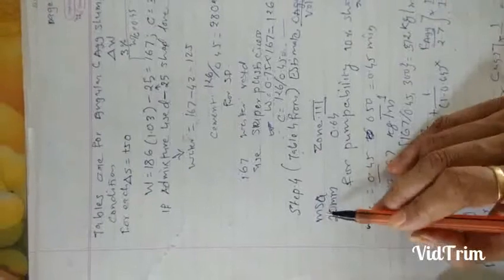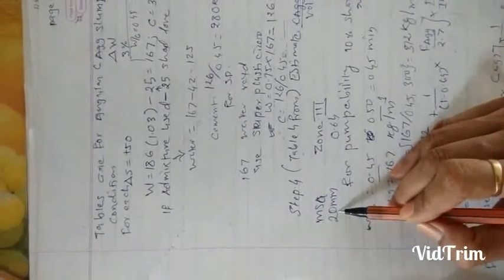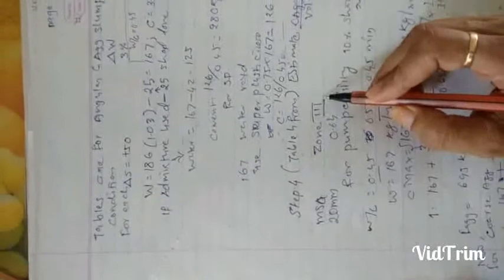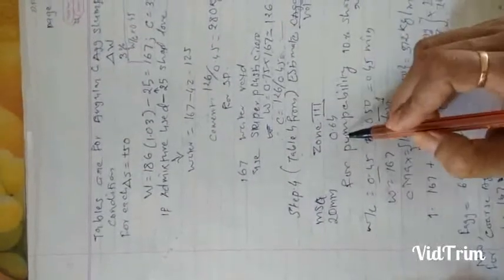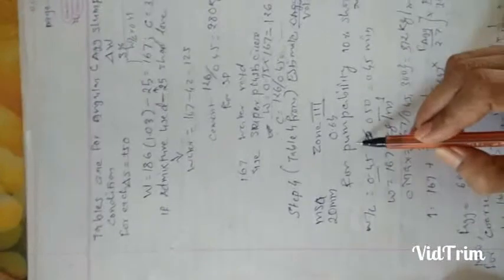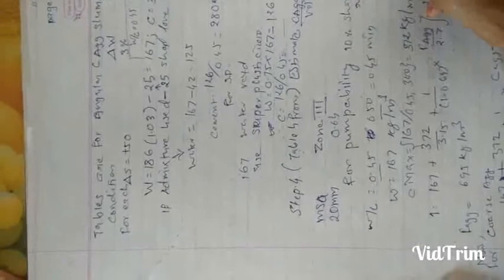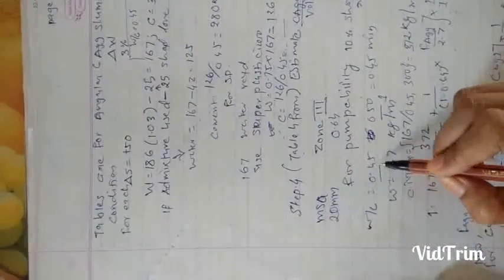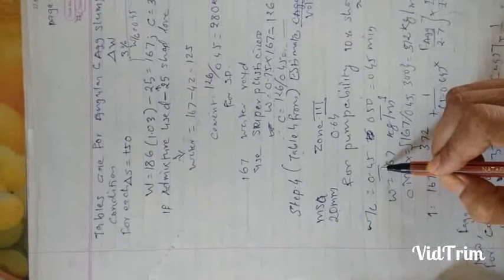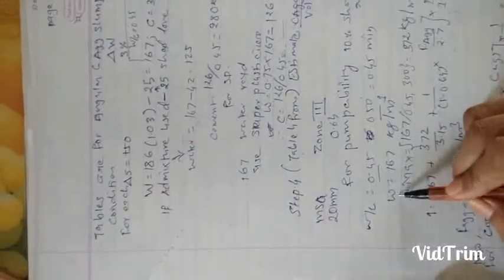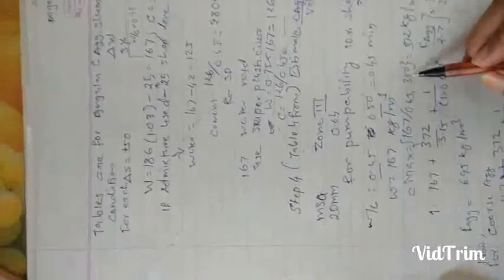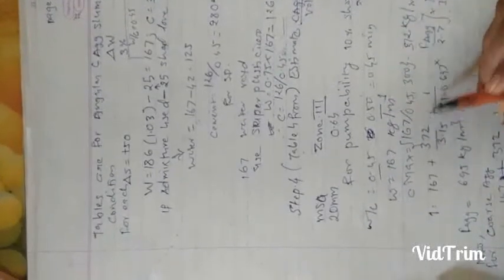So we have maximum size of aggregate 20 mm, zone 3 sand, and permeability, 10% should be reduced. So water cement ratio we have is 0.45 and water content is 167. So minimum cement content is 300, right, so that is equal to 372.